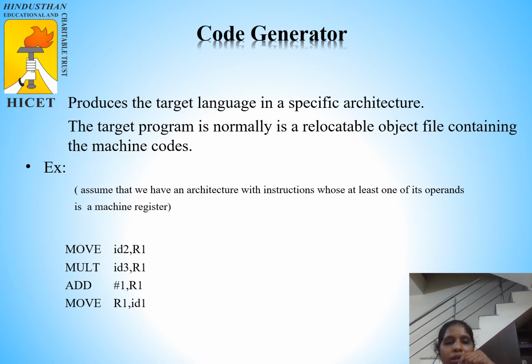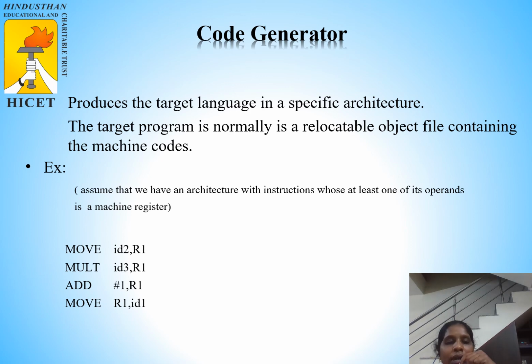The first one will have move id2, r1, meaning that the value of the identifier id2 is moved to the register r1. The next line, multiply id3, r1, means that the value of id3 gets multiplied with the value in register r1.